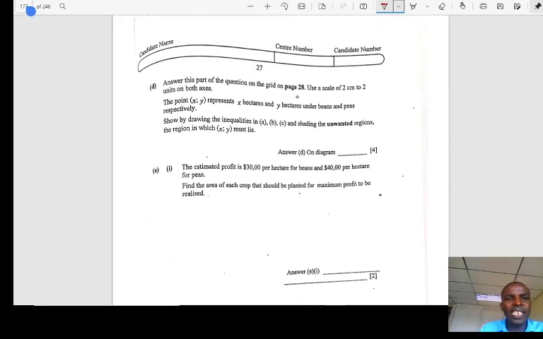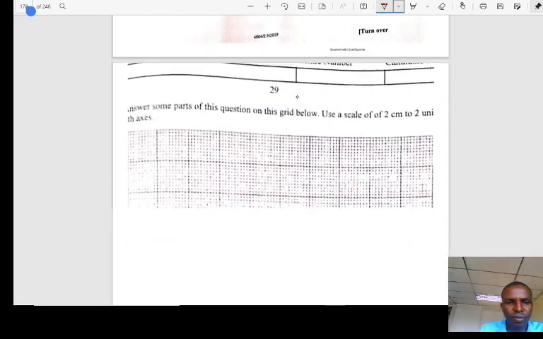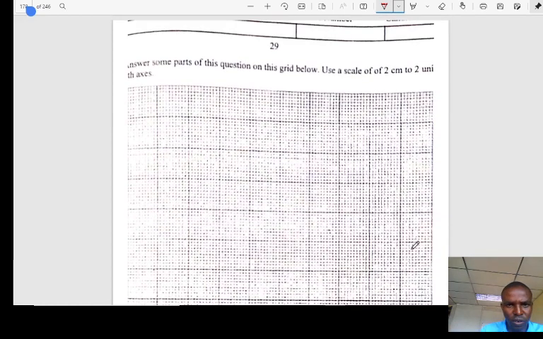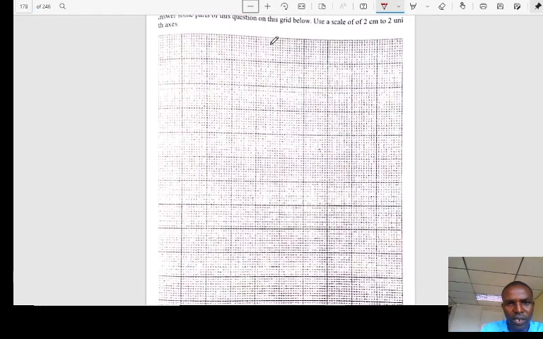Next, answer this part on the question grid. Use a scale of 2 centimeters to 2 units on both axes. The point (x, y) represents x hectares and y hectares under beans and peas respectively. Show by drawing the inequalities, shading the unwanted regions. Right, so this one now, let me reduce the size.